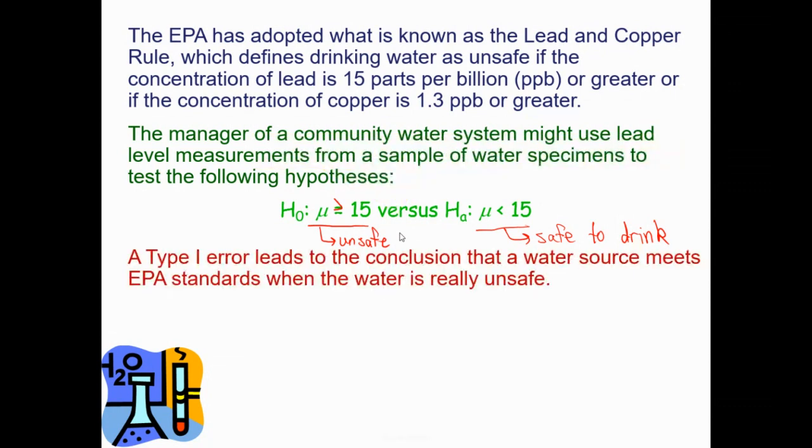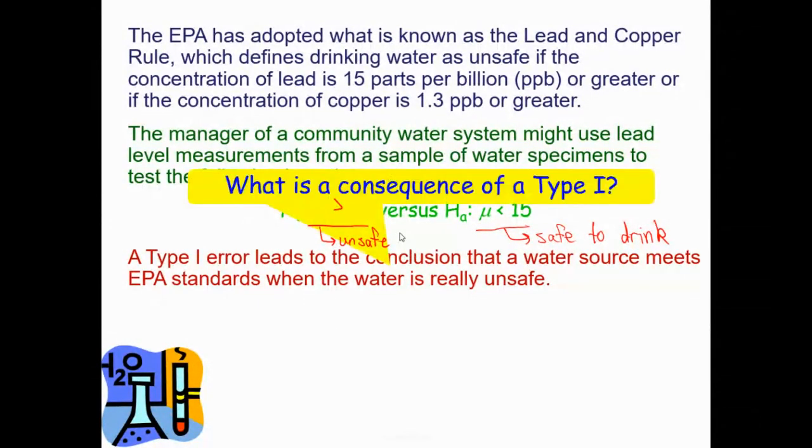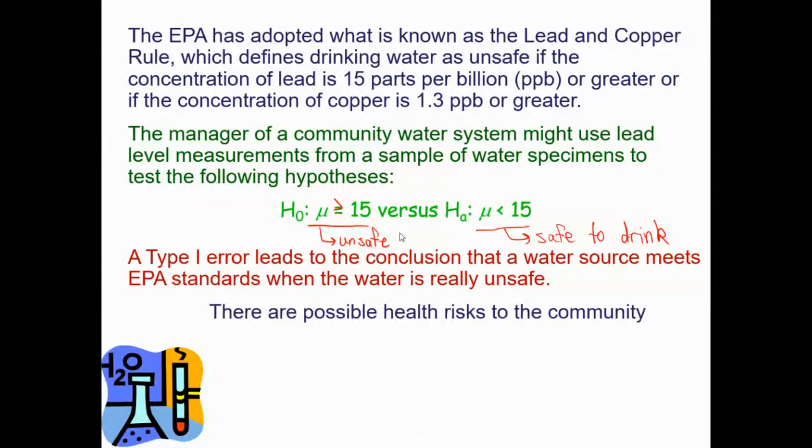The type 1 error leads to the conclusion that the water source meets the standards when really it's unsafe. So what's the consequence of this error? People die of lead poisoning? What were you saying, Nate? Lead poisoning? Yeah. There's possible health risk to the community. People could die of lead poisoning.